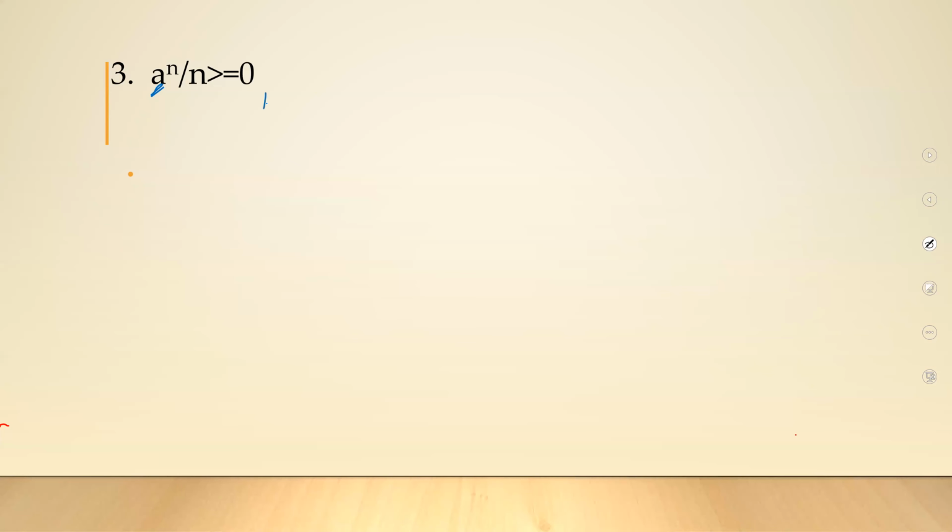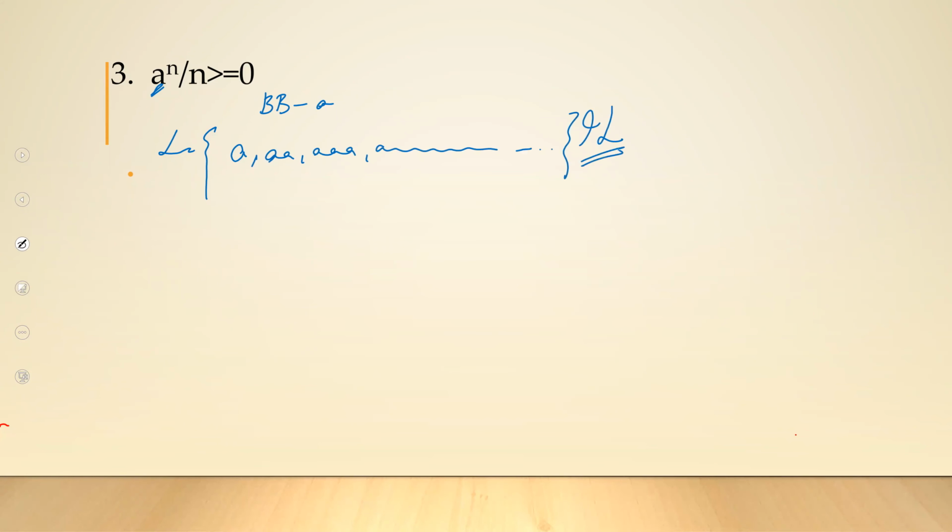Here the only building block you have is a. The language which this can generate is a raised to n, n greater than or equal to 0, which means you can have a, or aa, aaa, and it would go on. It is an infinite language.